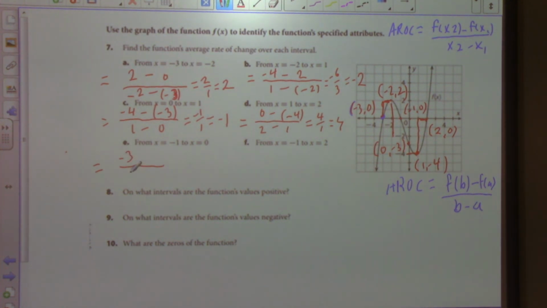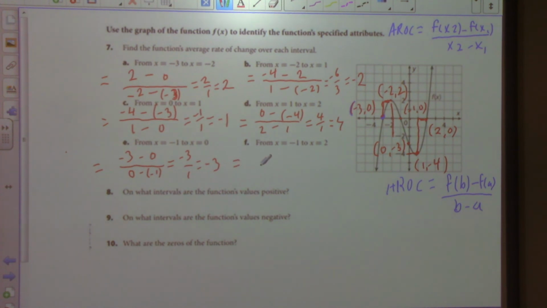And x2 is going to be 0, and we go minus -1, which is going to be 0 minus -1. So what is that going to be? -3 over 1 equals -3.